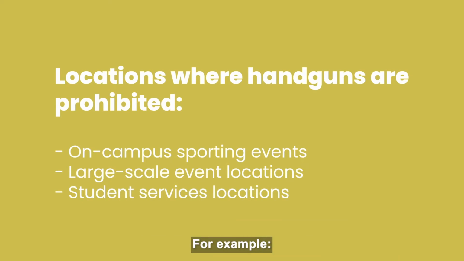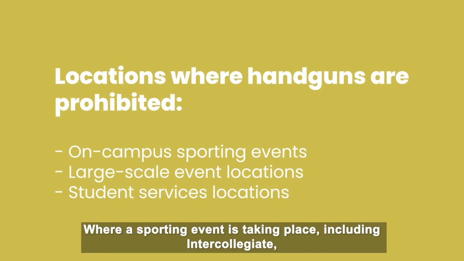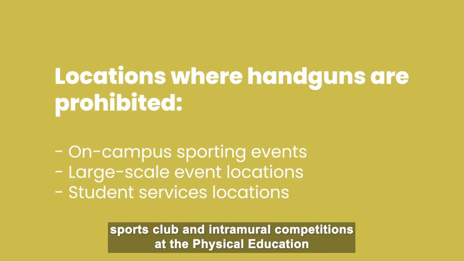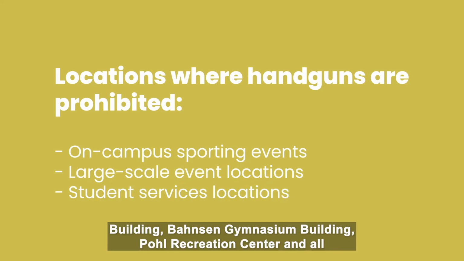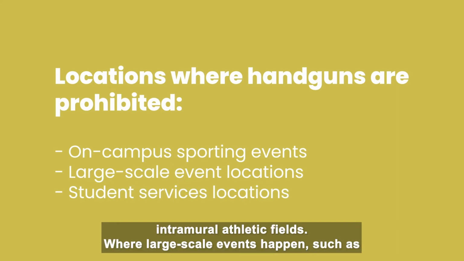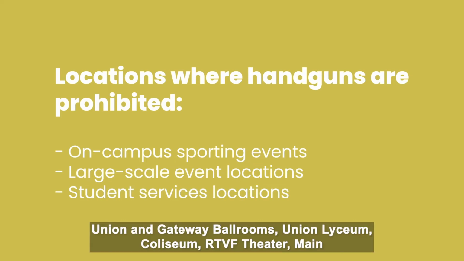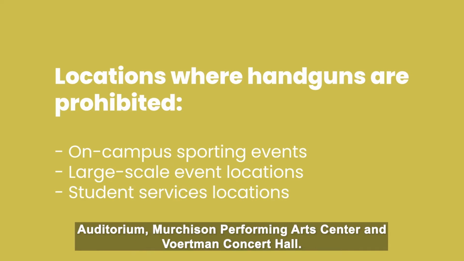For example, where a sporting event is taking place, including intercollegiate, sports club, and intramural competitions at the Physical Education Building, Bonson Gymnasium Building, Pole Recreation Center, and all intramural athletic fields. Where large-scale events happen, such as Union and Gateway ballrooms, Union Lyceum, Coliseum, RTVF Theater, Main Auditorium, Murchison Performing Arts Center, and Wortman Concert Hall.